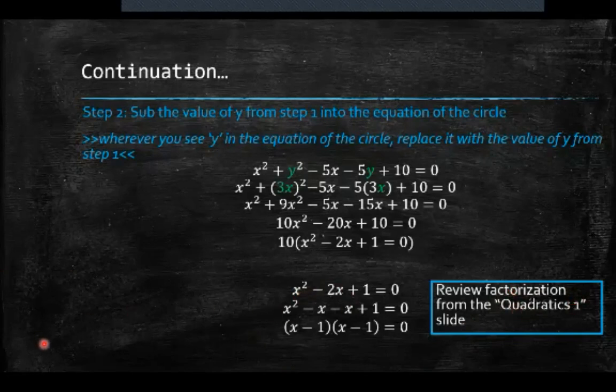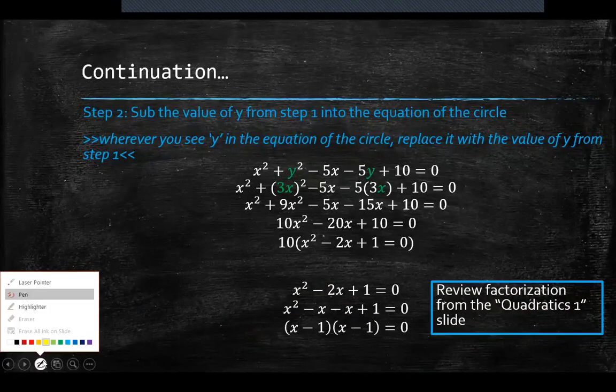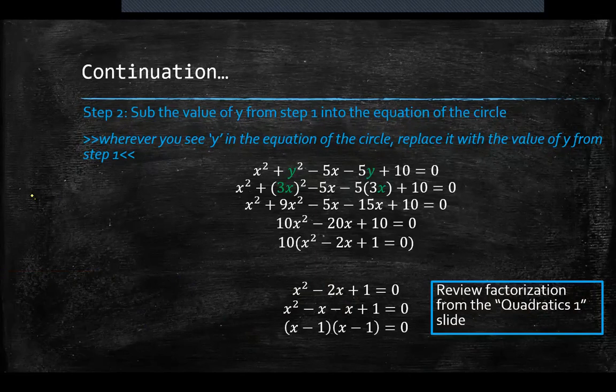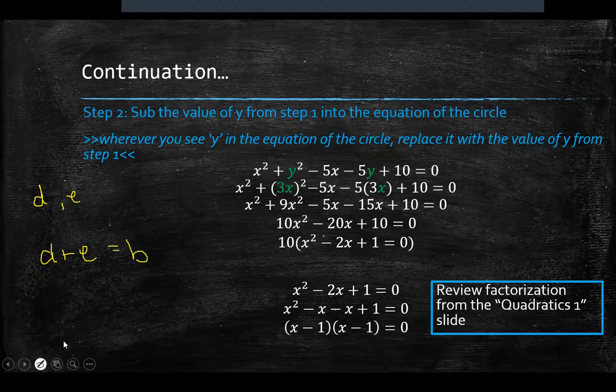So remember, when factorizing, say I have two numbers, D and E. Factorization says that I need to find two numbers, D and E, that when added, so D plus E, would equal B. Let me just write what the quadratic looks like.